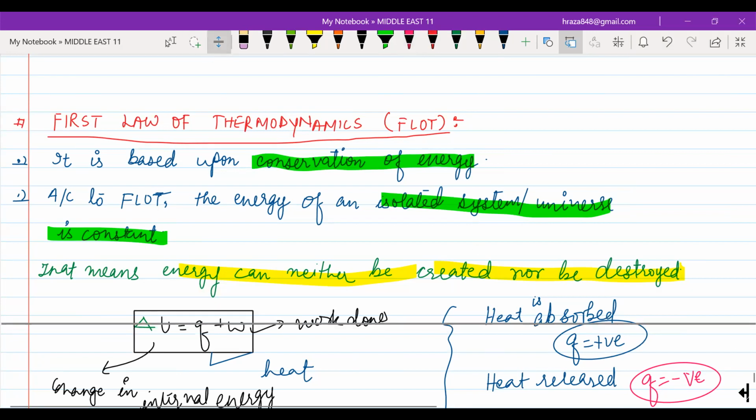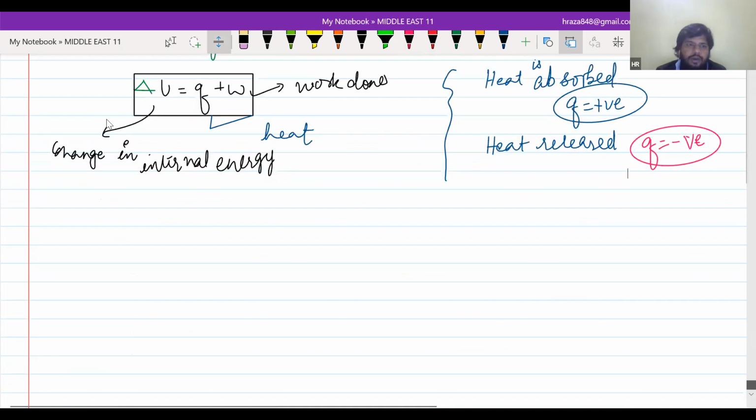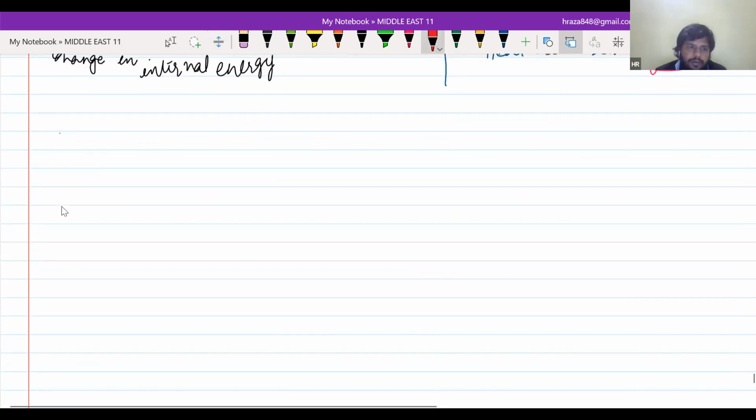Just focus here on how this formula comes. It's a small derivation for better understanding.